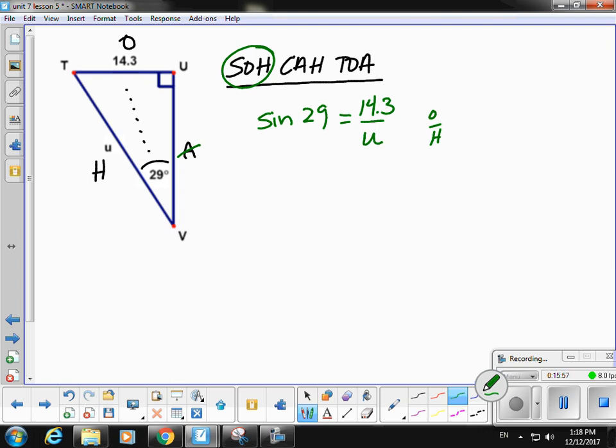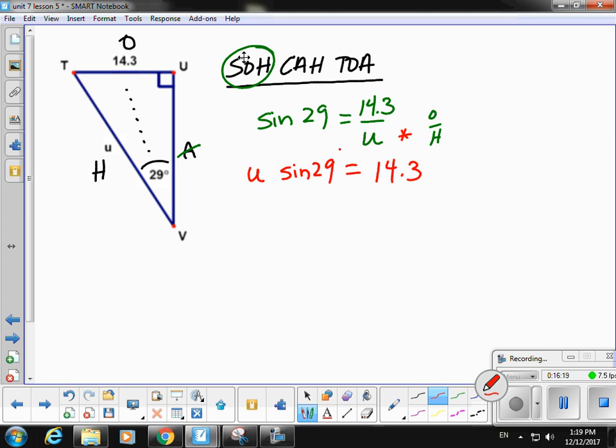Like in a previous example, I have the variable on the bottom, which can be a little bit tricky. To get rid of divide by u, I'm going to multiply both sides by u. That will get rid of him on this side, but it will have me multiplying by u on this side. But at least I don't have a fraction anymore.